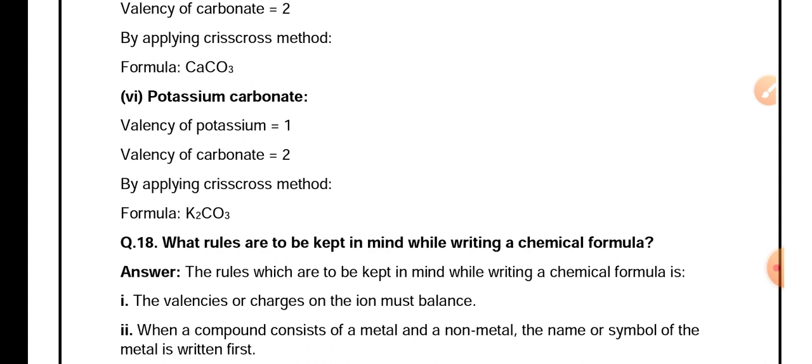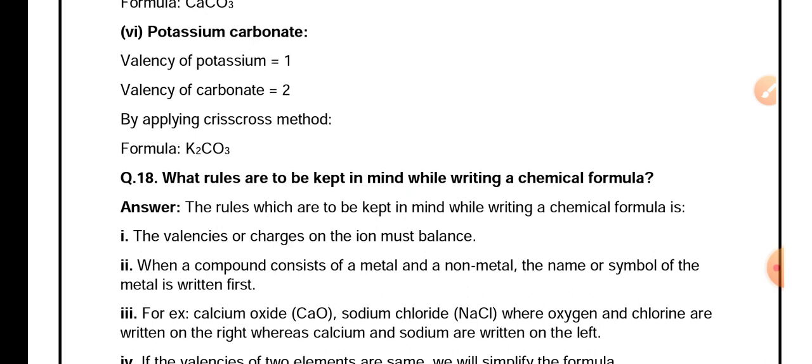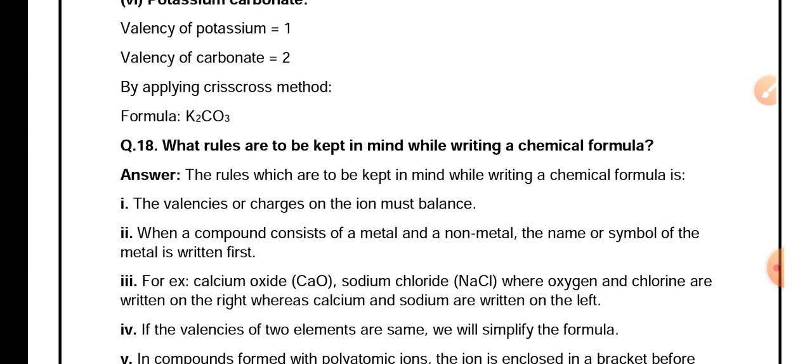When the compound consists of a metal and a non-metal, the symbol of the metal is written first. For example, calcium oxide CaO and sodium chloride NaCl, where oxygen and chlorine are written on the right, whereas calcium and sodium are written on the left.